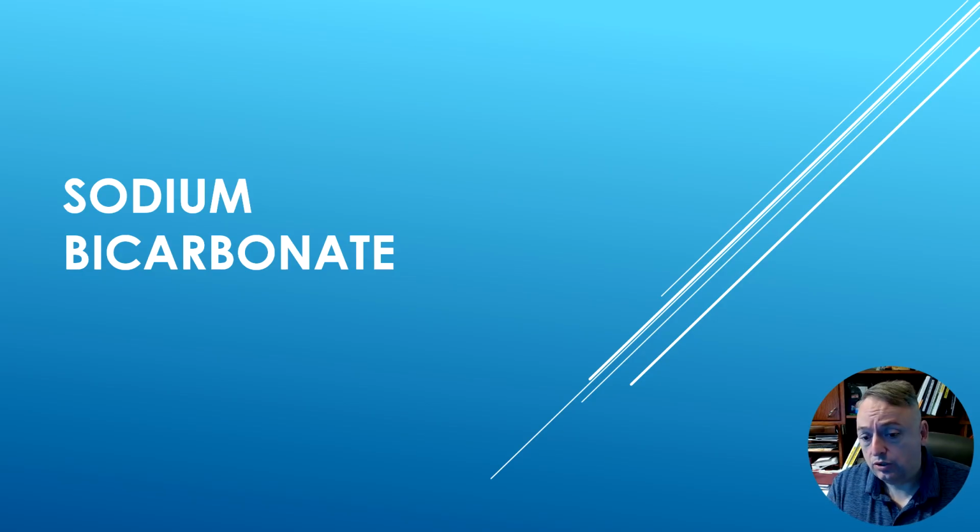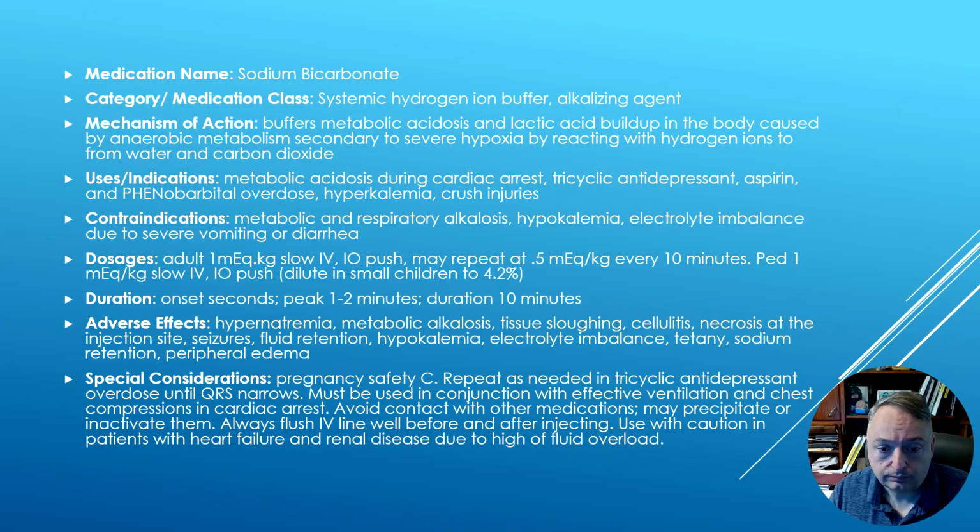A lot of times you see people giving 50 milliequivalents. Well, that's only going to be enough for your patient that weighs 100 pounds. If your patient weighs 250 pounds and you're only giving them 50 milliequivalents, you're way, way, way underdosing. So keep in mind that dose is 1 milliequivalent per kilogram.